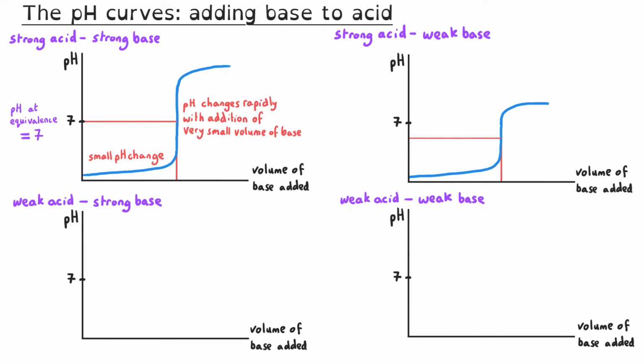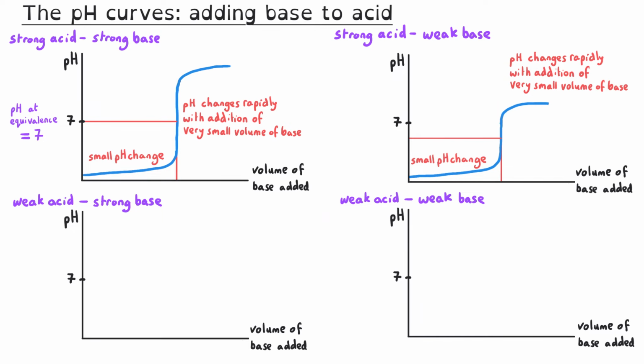For a strong acid, weak base titration, again the pH starts low and it increases gradually until we reach the equivalence point. Again, I'm showing the equivalence point here, and then the pH changes rapidly and we finish with a pH that is not so high as before because we were adding a weak base to our strong acid, so we finish with the pH of a weak base.